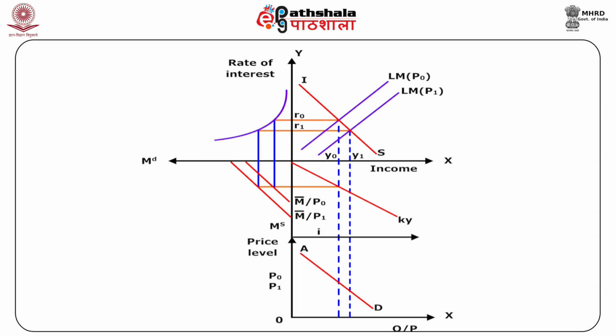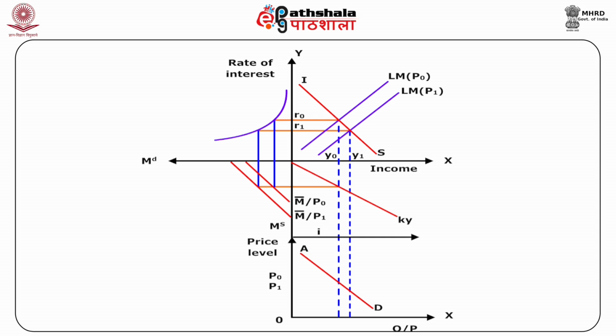Now, let us consider a new money supply function. The supply of real cash balances now in the third quadrant is M bar upon P1, and P1 represents a lower level of prices in the economy. So, when the price level goes down and the nominal money supply is the same, M bar, the supply of real cash balances goes up.